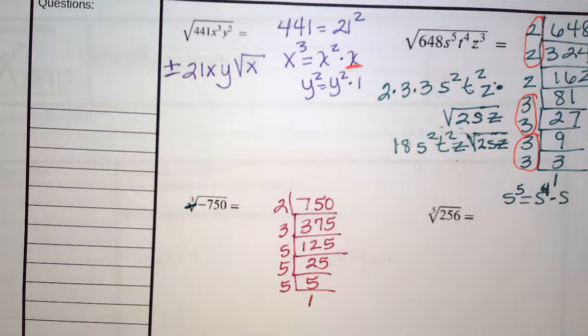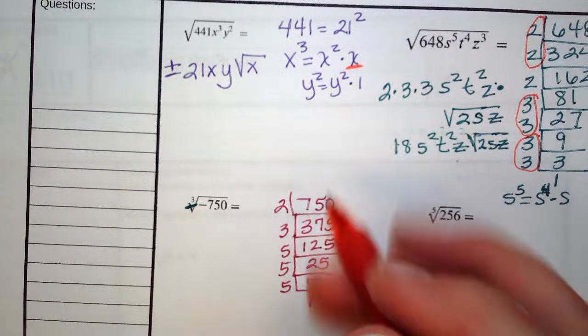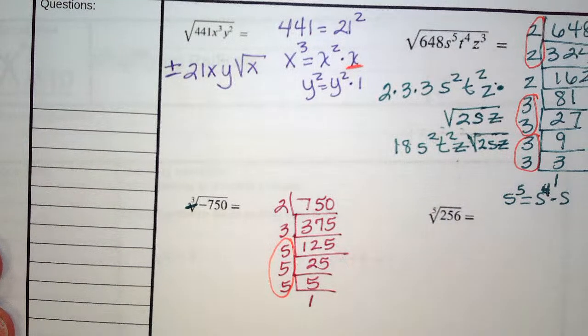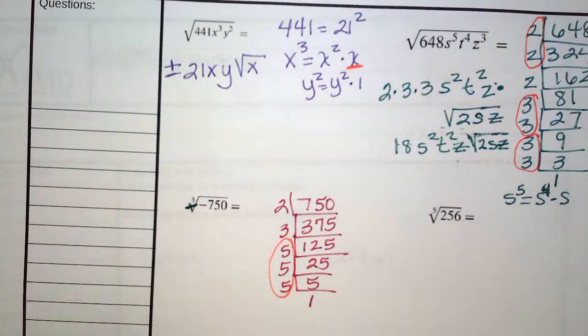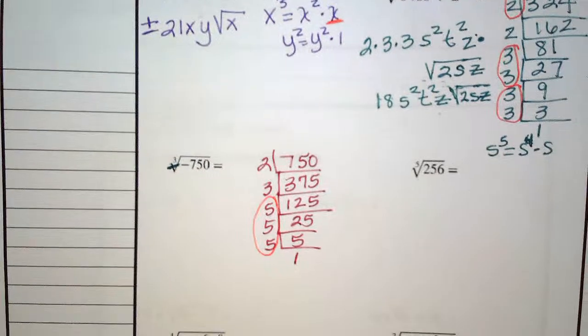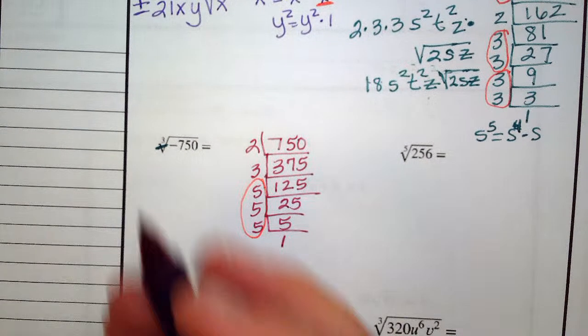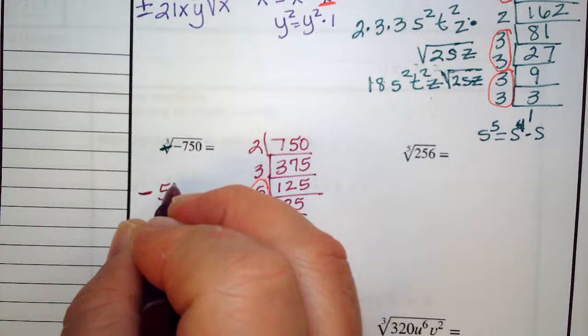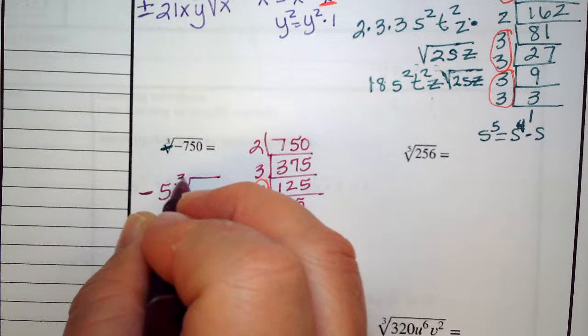So now, as I am trying to find those 3 of a kind, this only has 1, 1. This is my 3 of a kind. So I can bring out a 5. Instead of looking for pairs, we're looking for triplets. So this is negative 5. I've still got that cubed root.